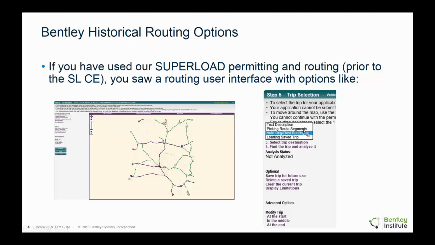Picking route segments in this previous version of SUPERLOAD lets the user click on links on route segments to define a really precise trip. So that's the previous generation of SUPERLOAD, basically how it worked. You also could load saved trips, and that's something that's moving forward as well.